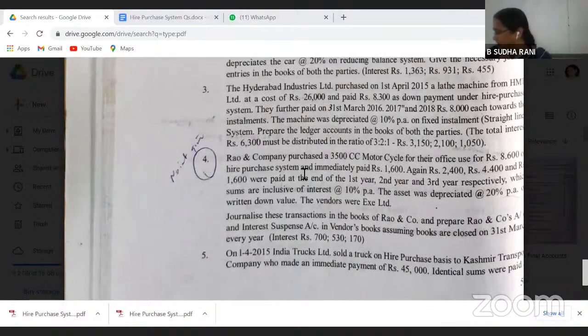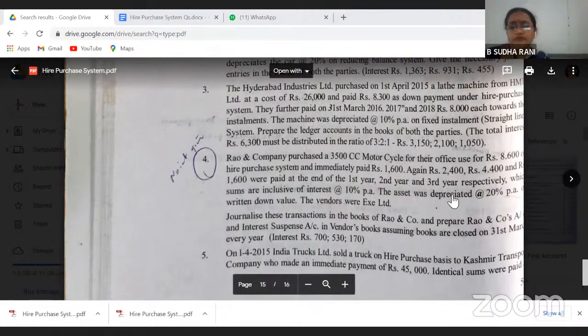Rao and company purchased a CC motorcycle for their office use, 8,600 on hire purchase system. And immediately he paid 1,600. Okay, the cycle cost is 8,600, immediate payment 1,600.